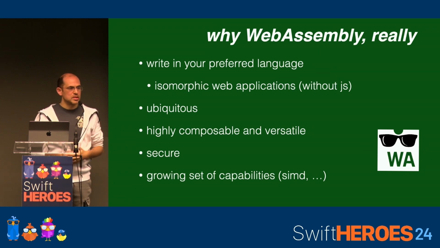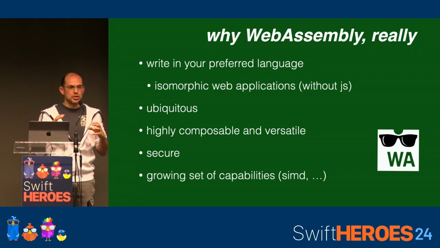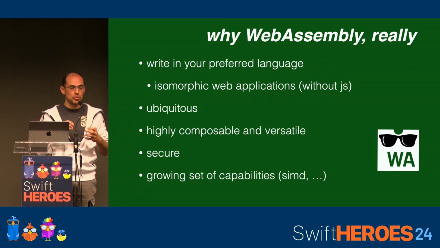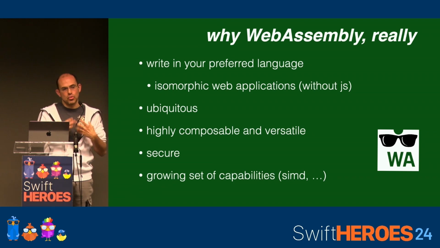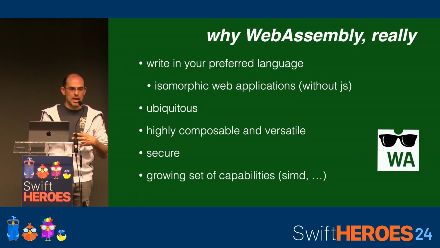It's ubiquitous, as we already said. You can run it everywhere. It's highly composable and versatile because when you write something and you build it in WebAssembly, you package it in a file, a WASM file, and this file could be connected to your runtime, to your application, and also you could share everything you need to this module, so it can be used to compose functionalities independently by the language.